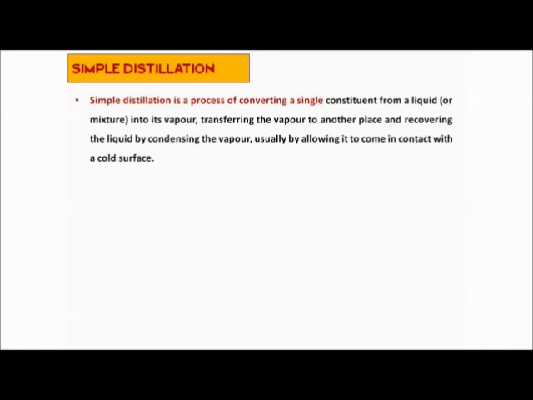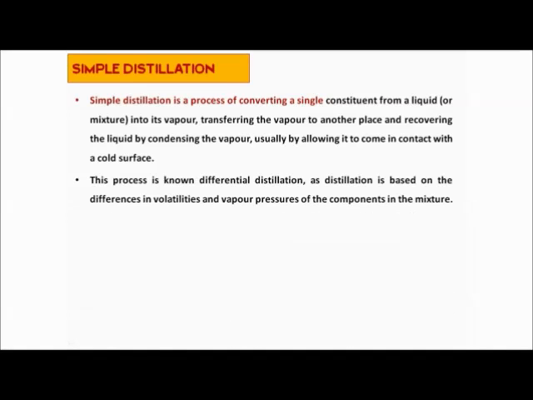Once the water gets heated, vapors are produced. These vapors are then subjected to condensation. After condensation, the vapor is converted back into liquid and it can be easily separated. This process is also known as differential distillation, the simple distillation.